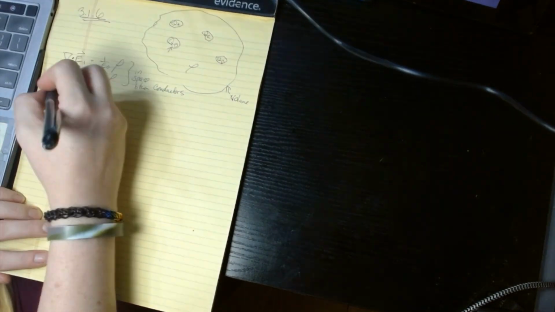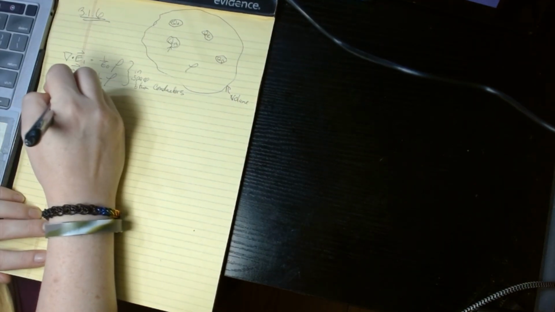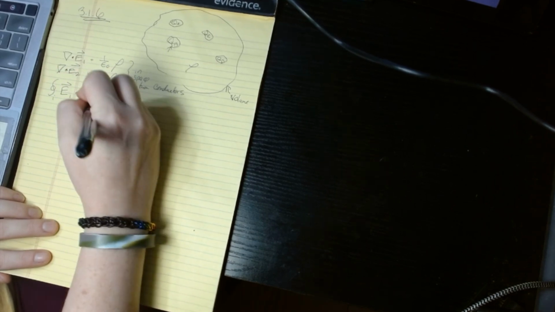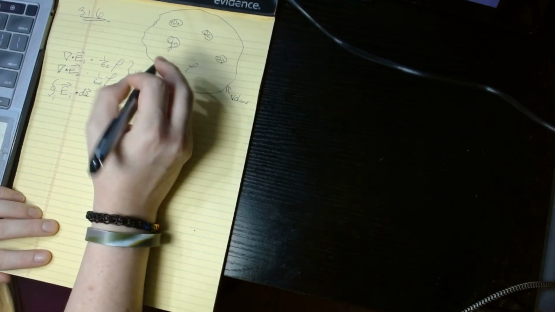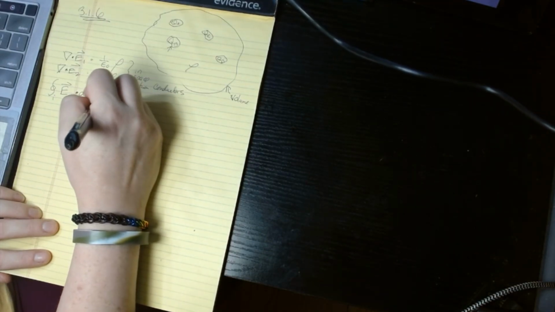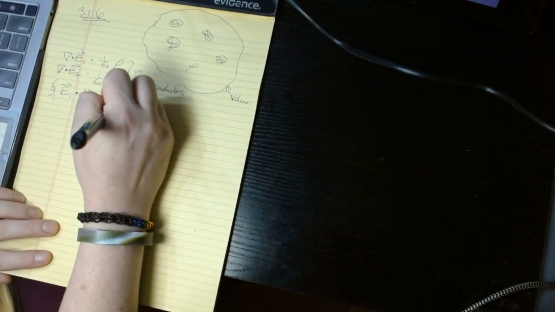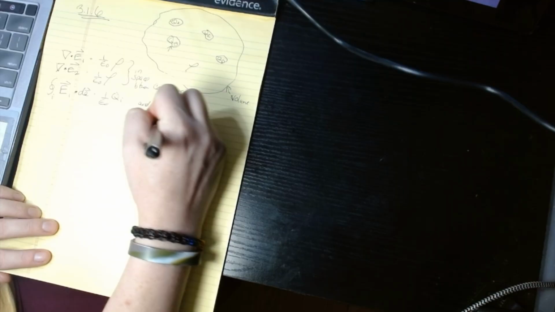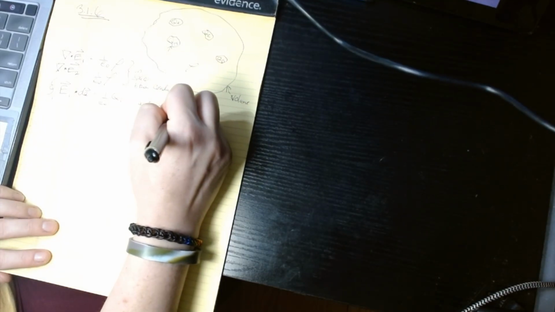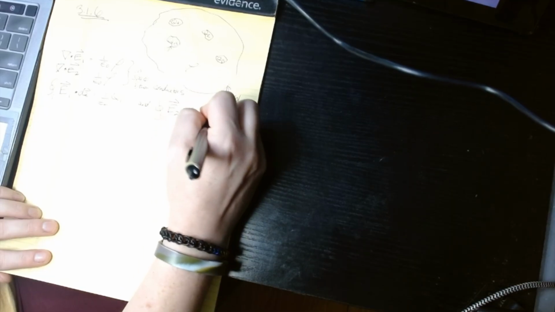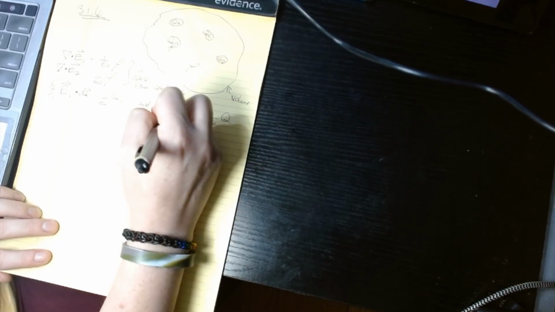It's just counting through each of them. But for any one of those surfaces, the electric field dotted with the area of that surface is equal to 1 over epsilon naught, the Q that's inside that particular surface. And that has to equal the same. Oops, that's an I.